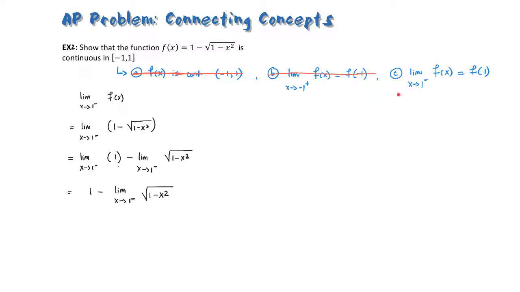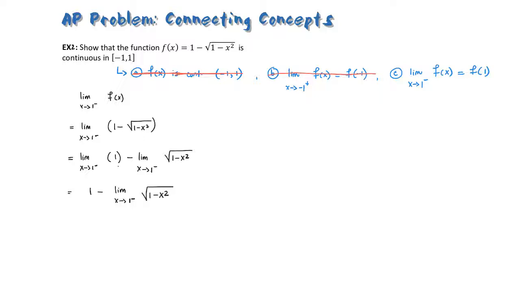Finally, part C. We now have to show that f is left continuous at 1. Again, I already started with the same calculations as in part A and part B. Now the limit as x approaches 1 from the left, the limit is applied to the radical.